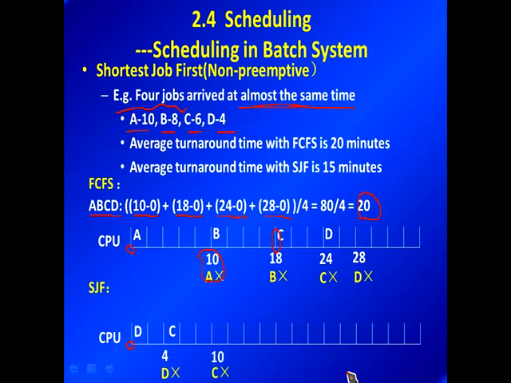So at time 10, C just exits, and then B, and then A. So you can see the final completion time for this same batch of jobs is exactly the same. They all finish the 4 jobs at time 28, but the execution order is different, and you can see the turnaround time is different too.